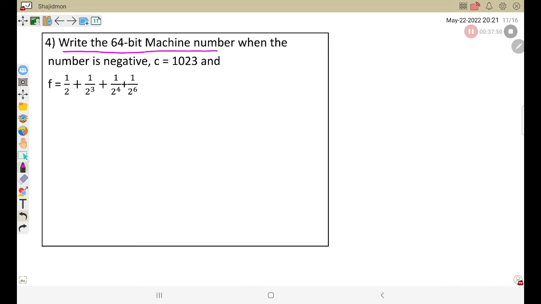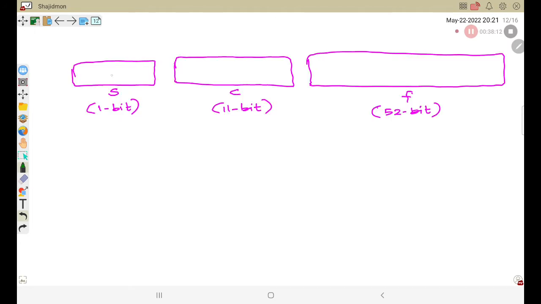So we will come to the question. See, you can read: when the number is negative, correct? That means what is the s value? Number negative means s equals 1, because the number is negative. So in the first bit part, the number will be 1. So the first bit, s equal to 1, 1 bit.